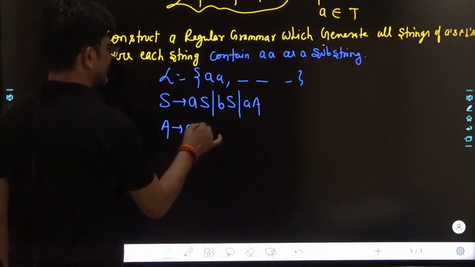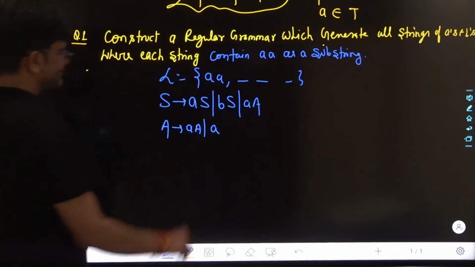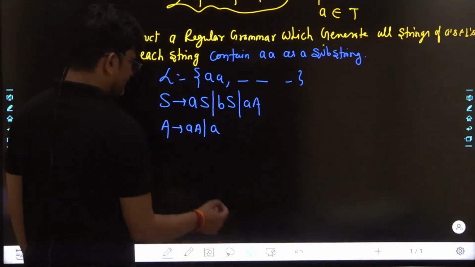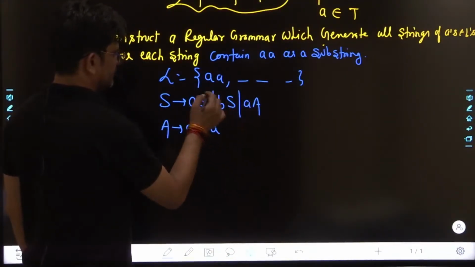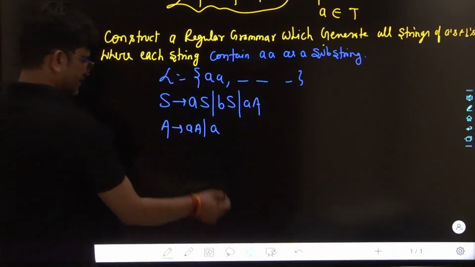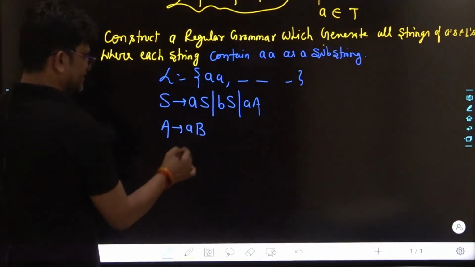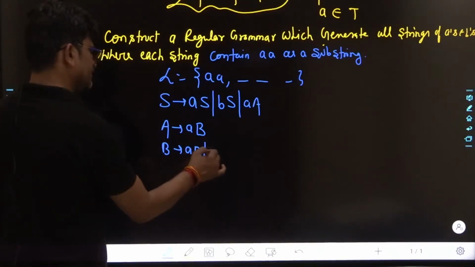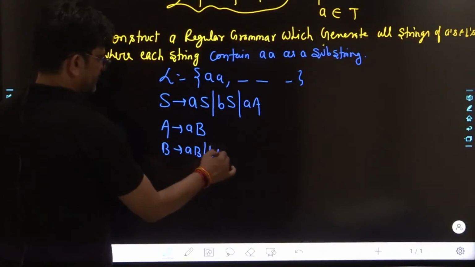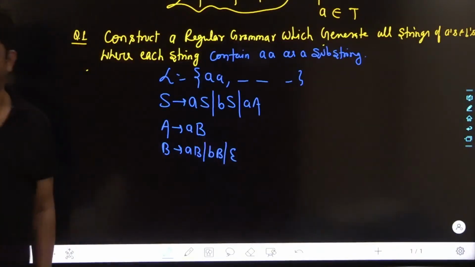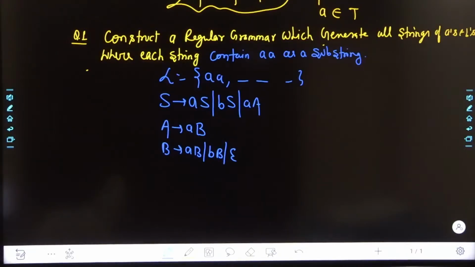Or we use another variable B, and B generates AB, and it is terminated by epsilon. Now it is perfect.